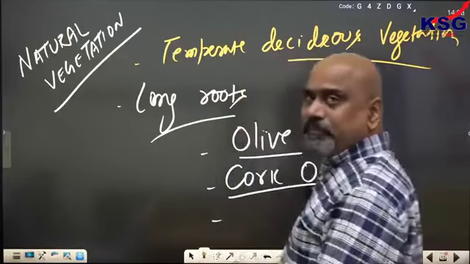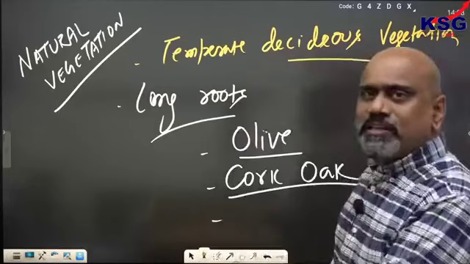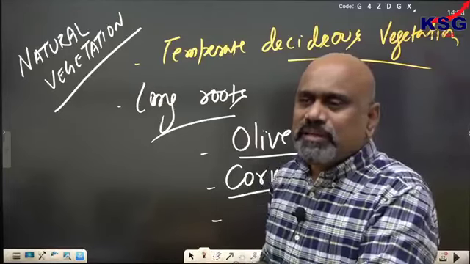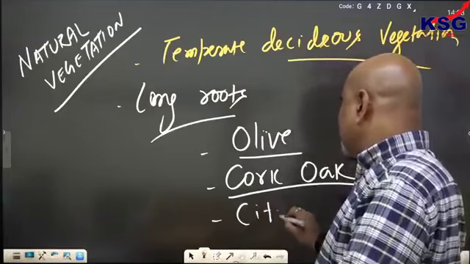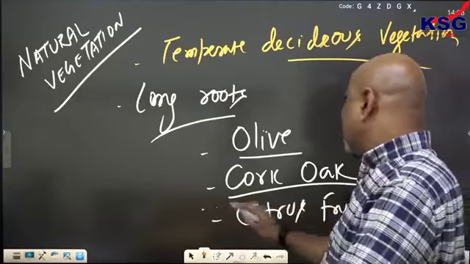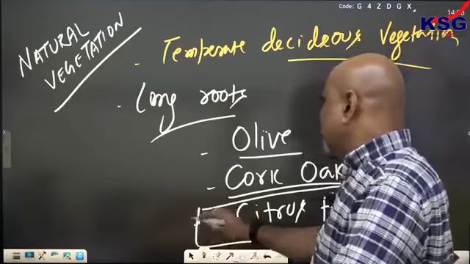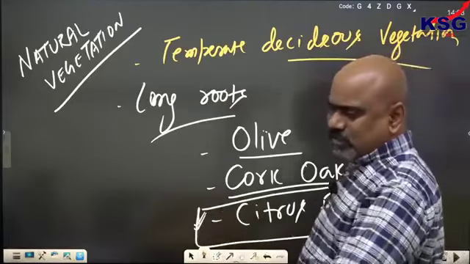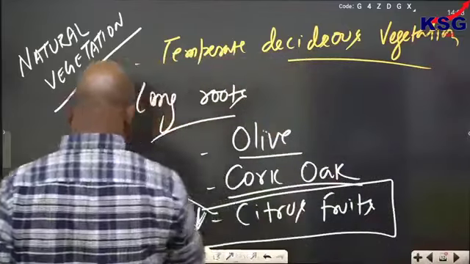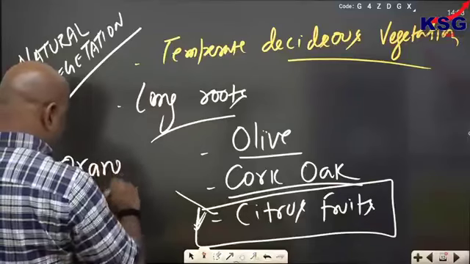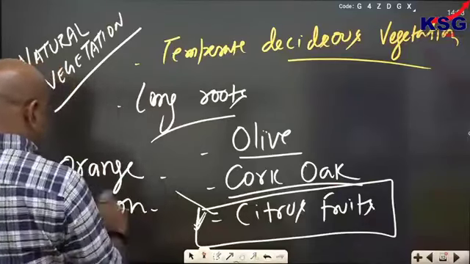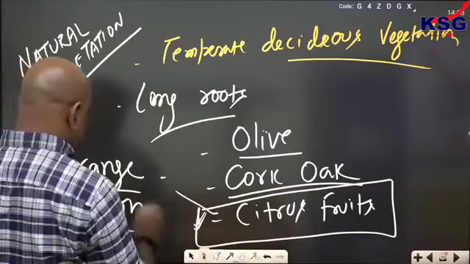Then this region is also known for citrus fruit cultivation. Citrus fruits are not under vegetation as such, but this is generally very suitable, so plantation crops are there in this region. Citrus fruits, so there is orange, lemon, and trees you will get like some thorny vegetation like orange and lemon.